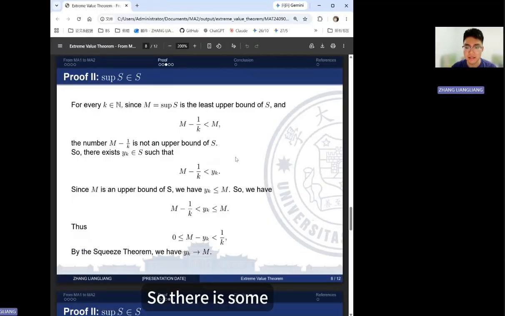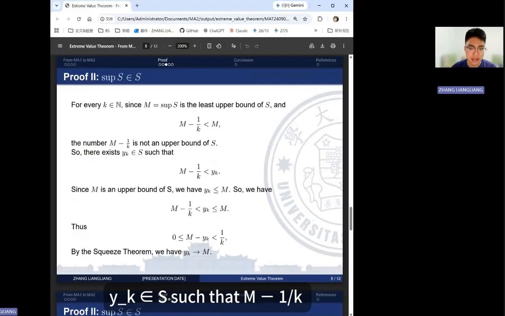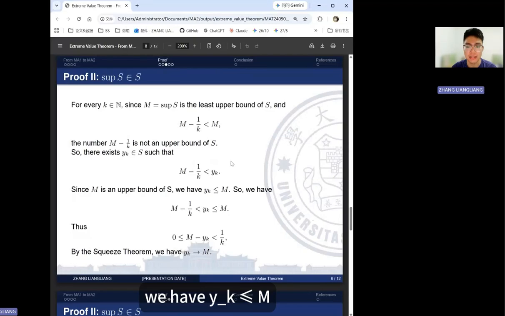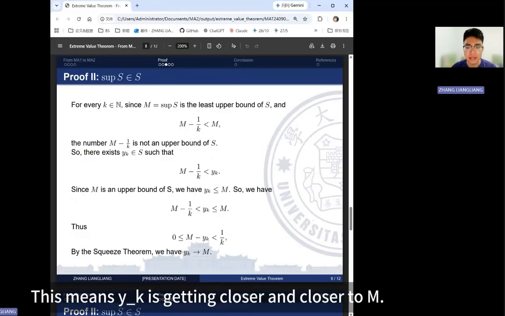So there is some yk in S such that M minus 1 over k is smaller than yk. Also, because M is an upper bound, yk is smaller than M. So M minus 1 over k is smaller than yk, which is smaller than M. This means yk is getting closer and closer to M.